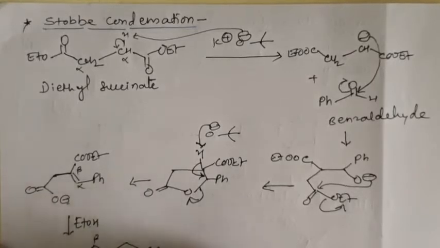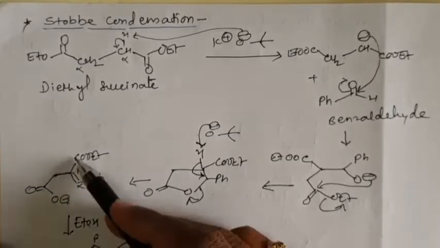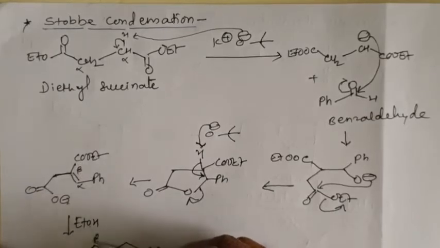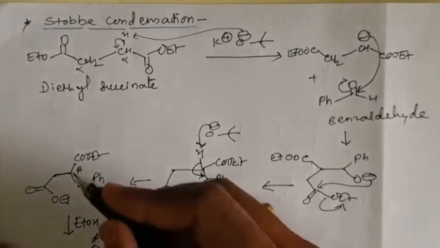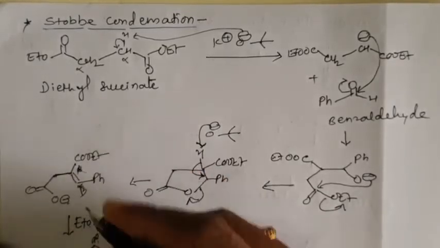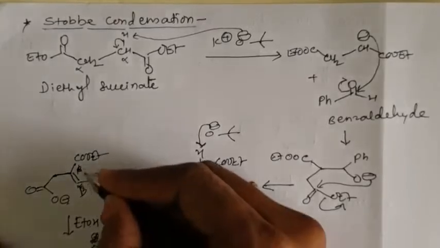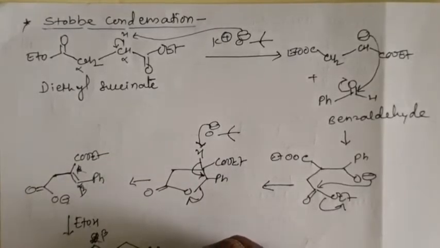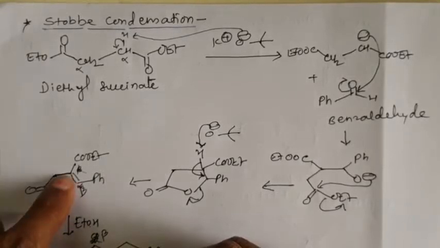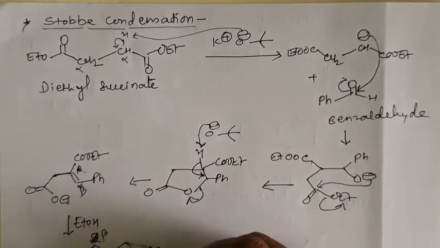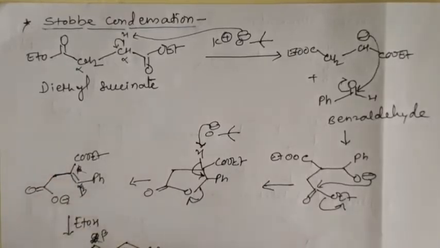This is the benzene ring I have written, then this is the alpha carbon and this is the beta carbon. The beta carbon is attached to the phenyl ring. This is the alpha carbon, then it is attached to CH2 and COOH. So an alpha beta unsaturated acid is formed.